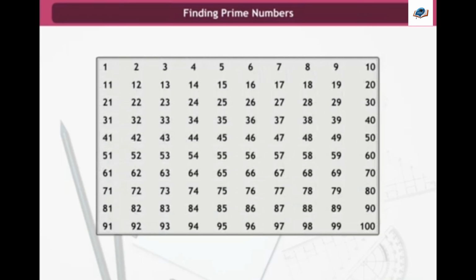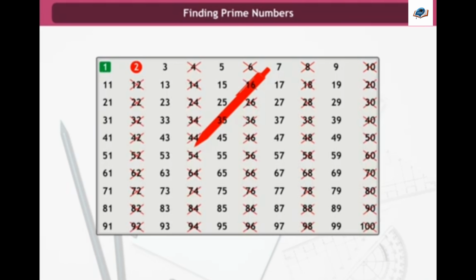Finding prime numbers. Now let us find out all the prime numbers between 1 and 100. List all numbers from 1 to 100 as shown below. Cross out 1 because it is not a prime number. Encircle 2. Cross out all the multiples of 2 other than 2, that is 4, 6, 8 and so on. The next uncrossed number is 3. Encircle 3 and cross out all the multiples of 3 other than 3.